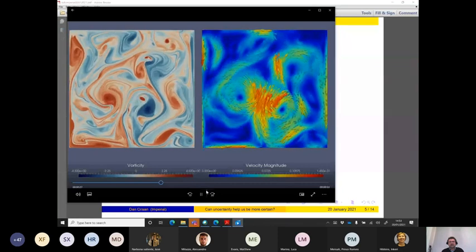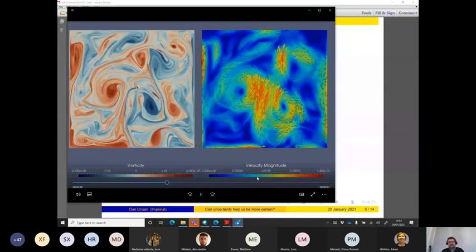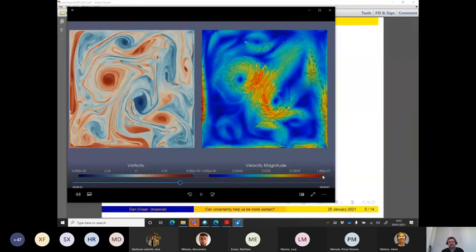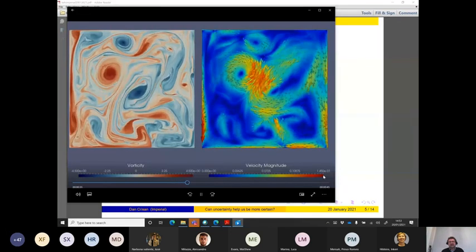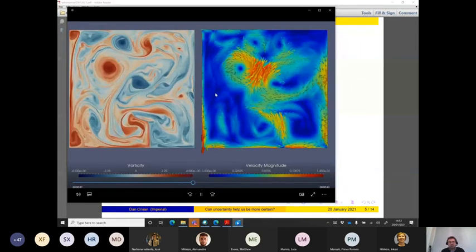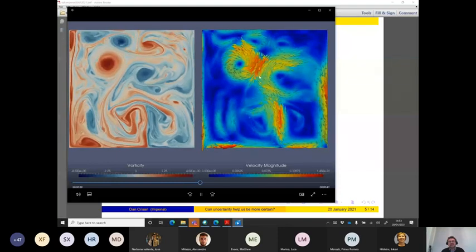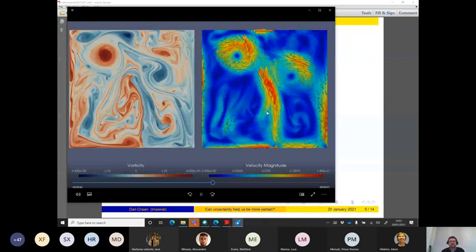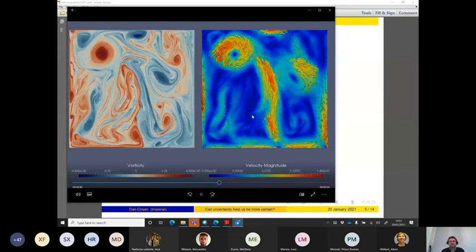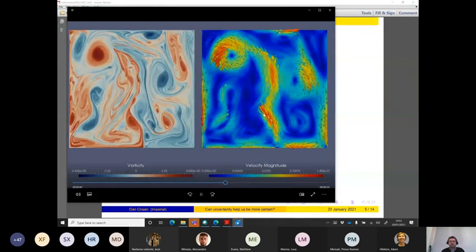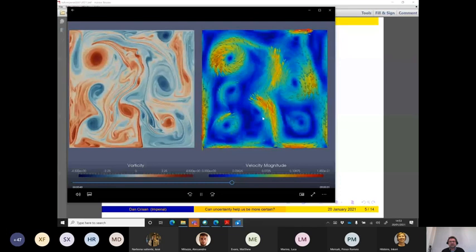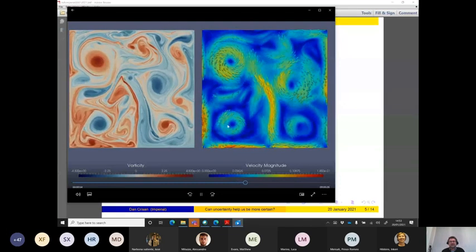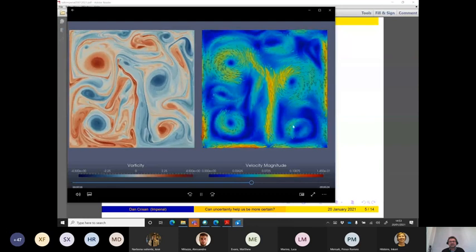The velocity has magnitude 0, and the more towards red you go, the higher and higher the magnitude of the velocity. I hope you can see that there are some arrows in here that basically show the direction of the velocity. So it's not just the magnitude that you can draw from these pictures, but also the direction of the velocity as well. And surprise, surprise, you can see these vortices going around, right?